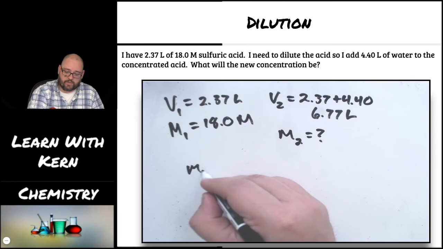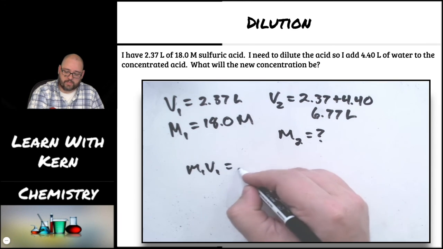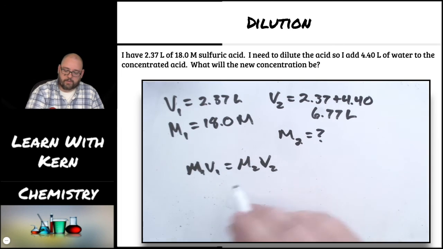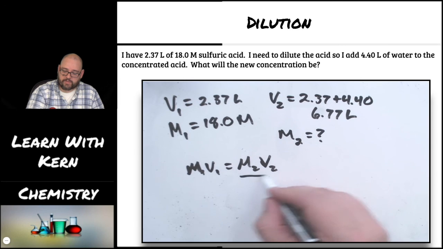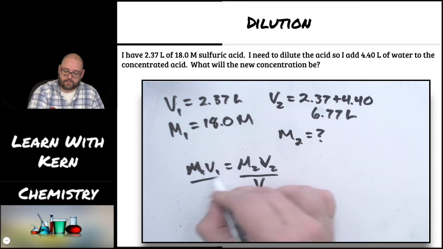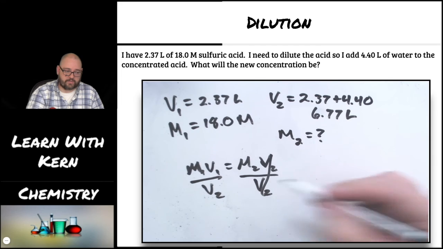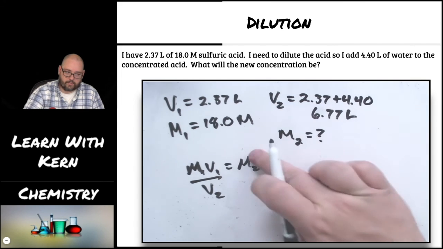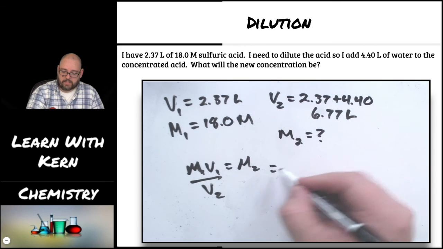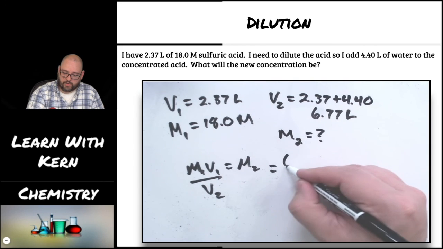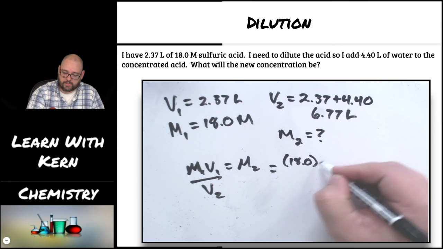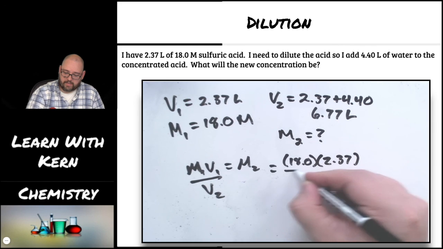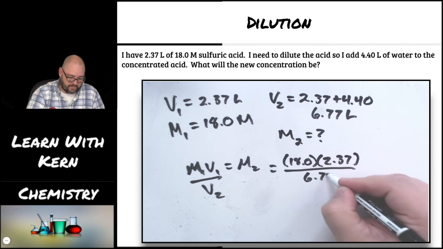So M1V1 equals M2V2. So if I want to find M2, I'm going to divide both sides by V2 so that they will cancel out. So those will disappear there. So now M1 times V1, well, M1 is 18.0, V1 is 2.37, and V2 is 6.77.